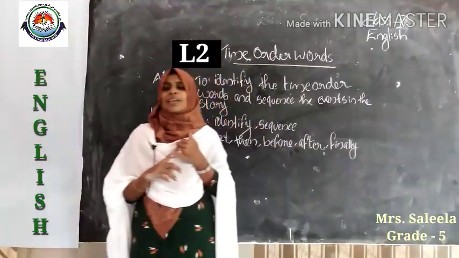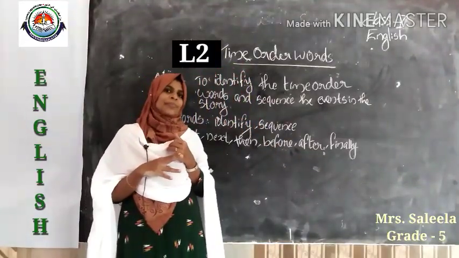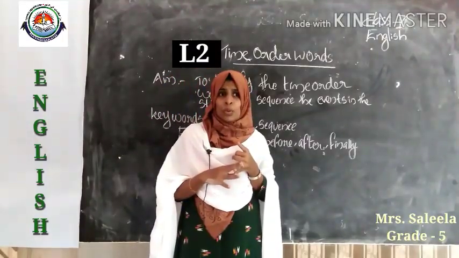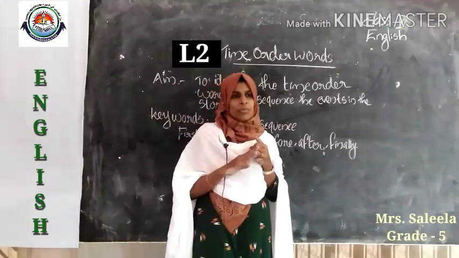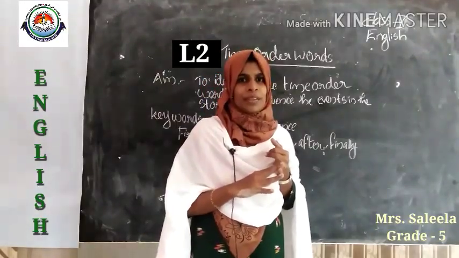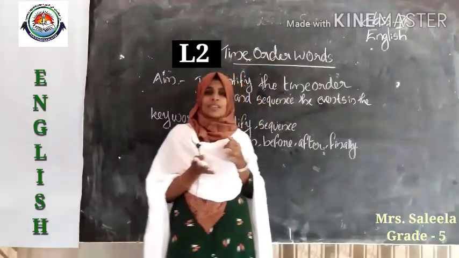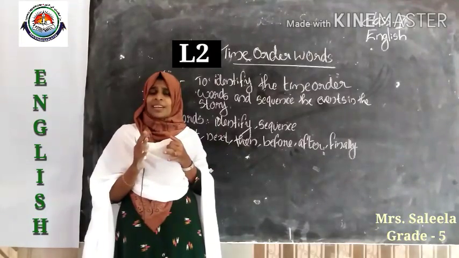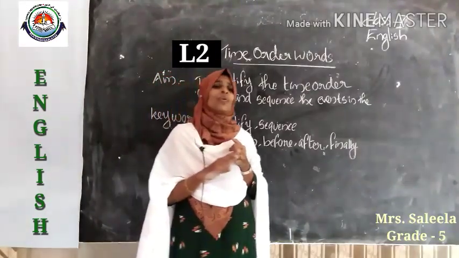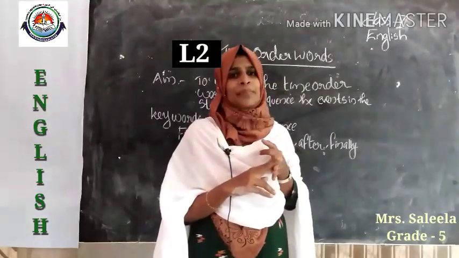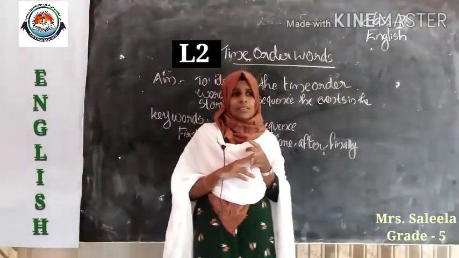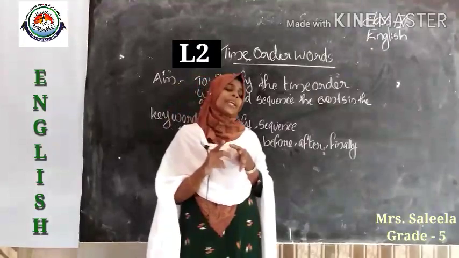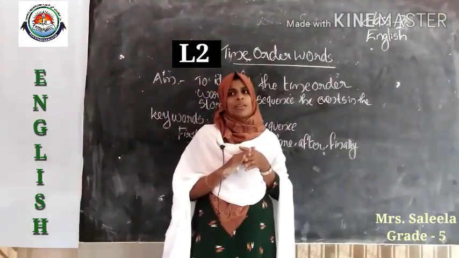Third one, he got onto his bicycle. Fourth one, he greeted whom? He greeted the watchman. Then he collected the clothes for washing, and he cycled to Dhobi Ghat. Who is Dhobi? Yes, washerman.